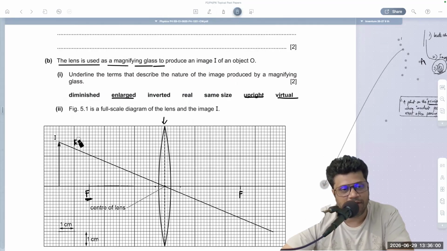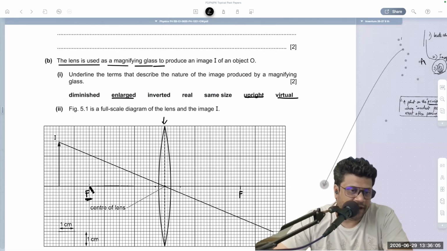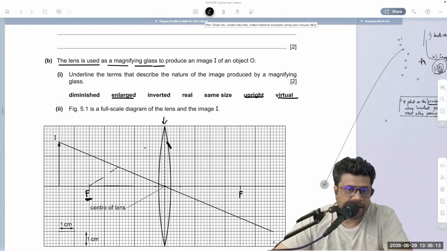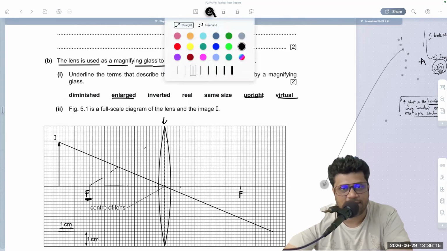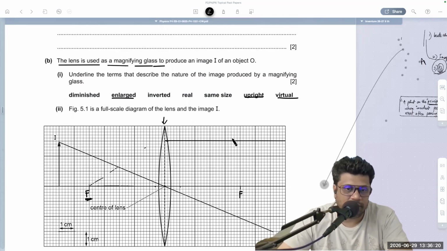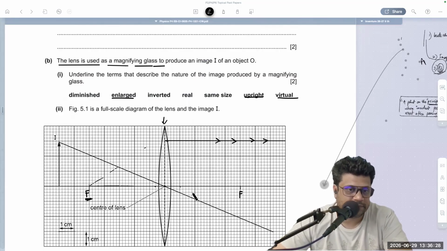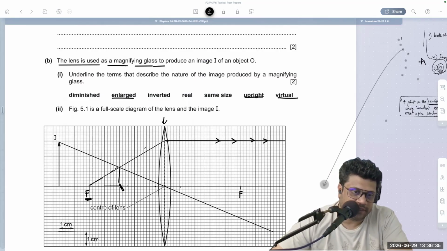I know that if a ray of light looks like it is coming through the focus, it comes out parallel to the principal axis. That's one rule that I know. So that must have been the ray which refracted to come out parallel. Once I join these two, that's where the object is supposed to be.